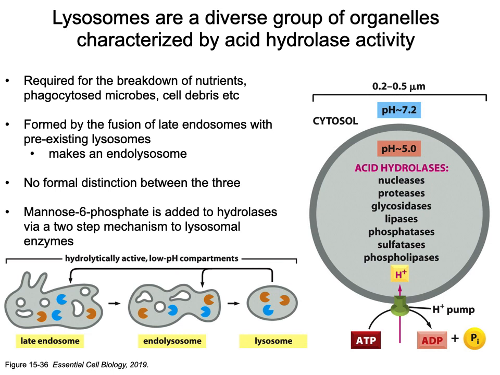So one of the features present in these vesicles is a hydrogen pump to pump hydrogen in to create this acidic environment. The cytosol has a more neutral pH, right? But these enzymes break down material more easily in an acidic environment. Okay.